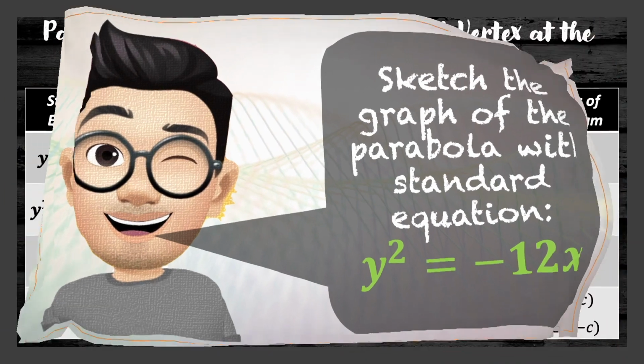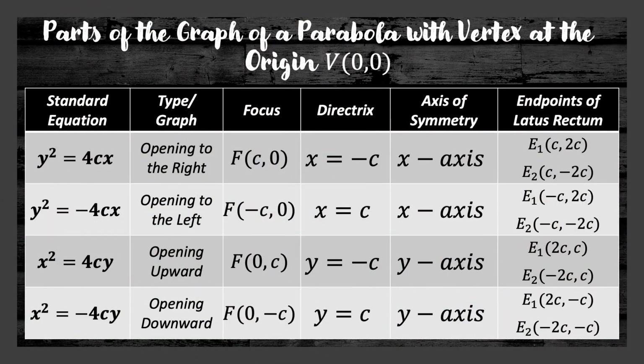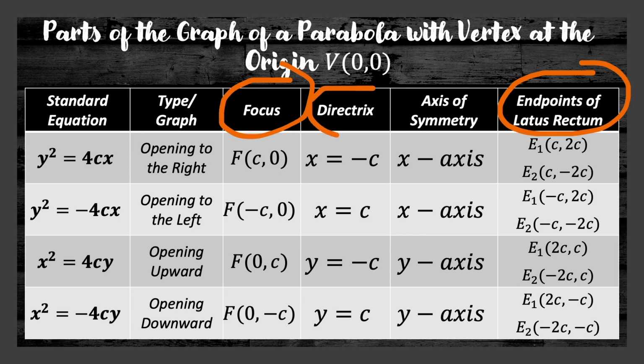To sketch the graph of a parabola, we need to determine the coordinates of its focus and endpoints of the latus rectum. We also need to determine the equations that describe the graph of its directrix and its axis of symmetry. They are both represented by a line.